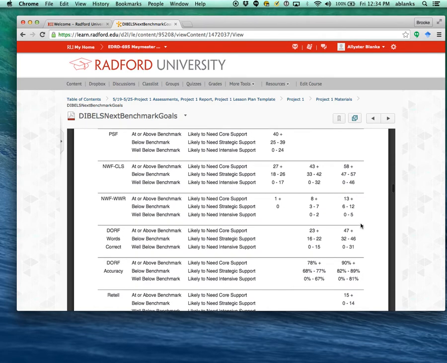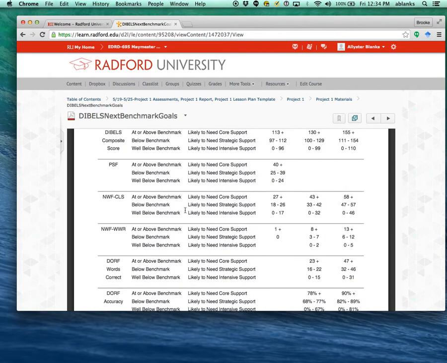The way that you read these lines, if a student is scoring at or above the score that's in the top line on any of these assessments, that's a student who is doing just fine based on their Tier 1 instruction. So we would describe them as being at or above benchmark. The next set of scores, if you have a student falling in the second line, which for most first graders would be right here based on your assessment data, this is a student who is not at benchmark.